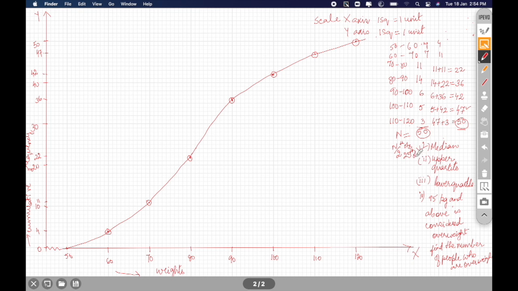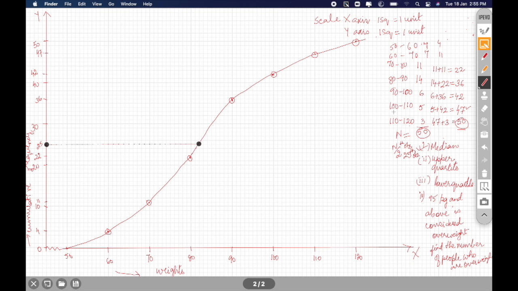Now this 25th observation is to be found in the y-axis. So we have to see where the position of 25 is in the y-axis. Now this is 22 here. You can see my pen, children. 22, 23, 24, 25. So this is the position of 25. Now from 25, using a ruler and a pencil, I have to draw a line parallel to the x-axis touching the ogive at one point.